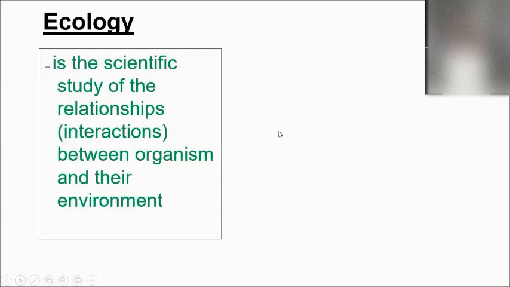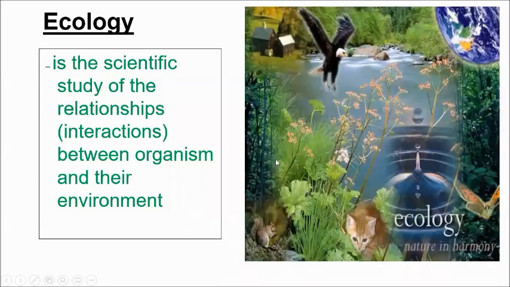Okay, so let us define ecology. Ecology is a scientific study of the relationships between organisms and their environment. Ecology is a broad and diverse field of study that concerns itself with the relationship. No? So anong relationship ito?